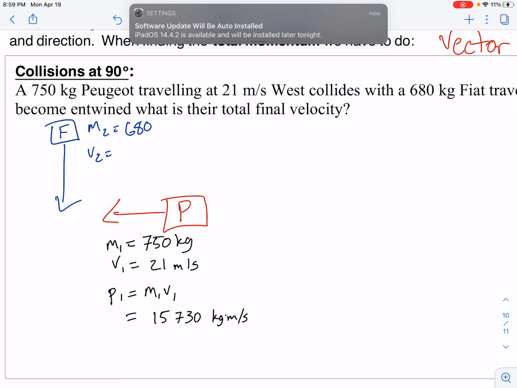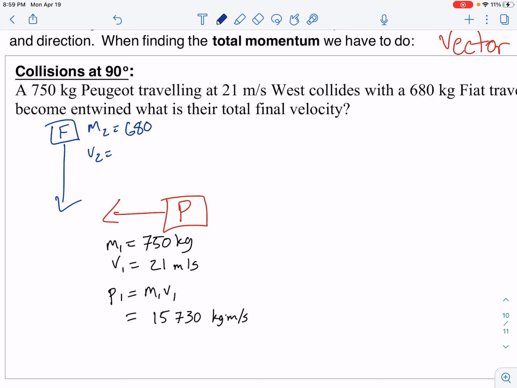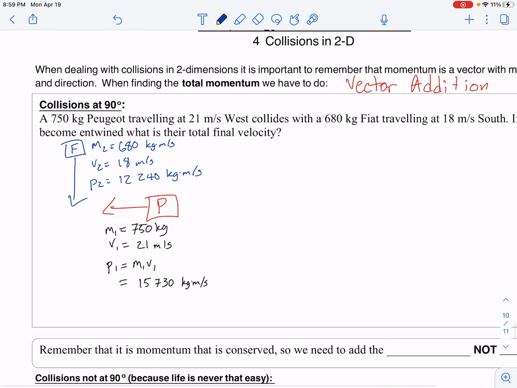Its velocity is, what was it, 18. And its momentum, if we multiply those two together, we get roughly 12,240 kilograms meters per second. All right. So we know two things already.